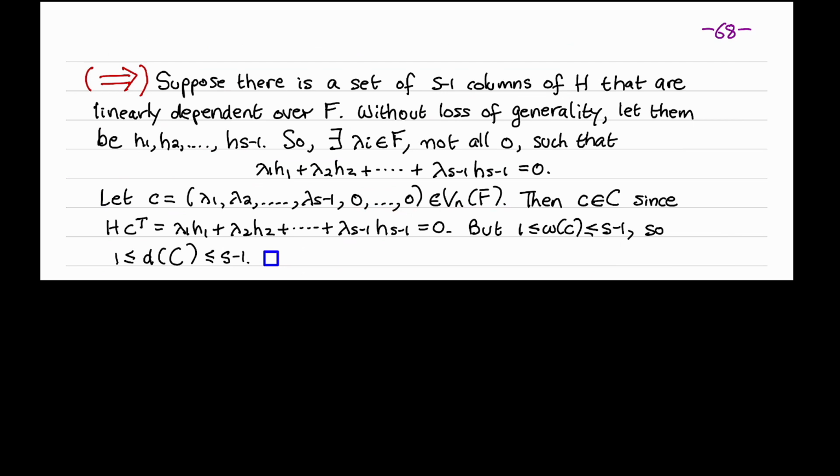We'll note that c is a code word since H times c transpose is this expression, which is 0. But the weight of c is at least 1 and at most s minus 1. And hence the weight of the code is at most s minus 1. This means that the code C has distance at least 1 and at most s minus 1. And this proves the main theorem of this lecture.